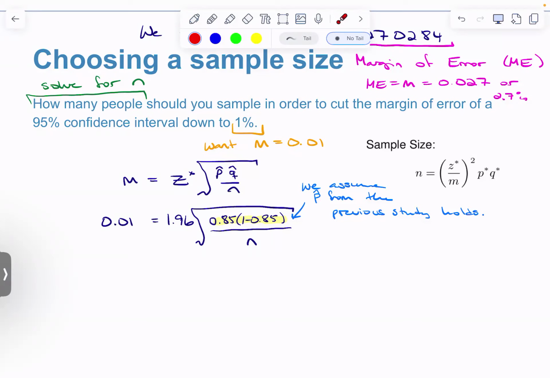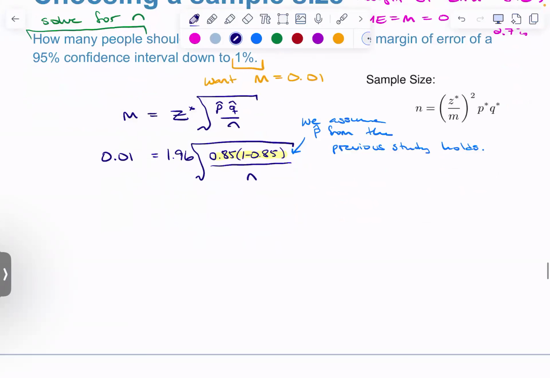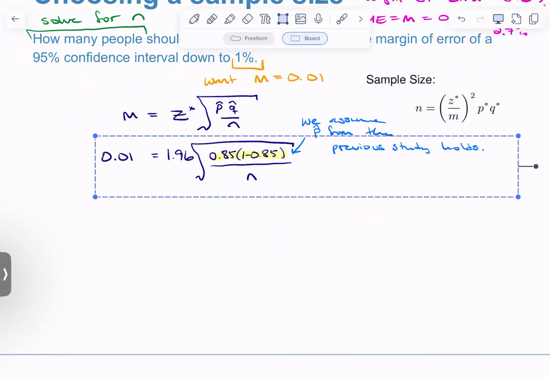And so then you would need to figure out, okay, what sample size would I need? But this is my first scenario where we assume p hat holds from the previous study. So if we solve this, oh dang, maybe I shouldn't have put numbers in here, because I want to show that it devolves to this, or kind of evolves, I guess.